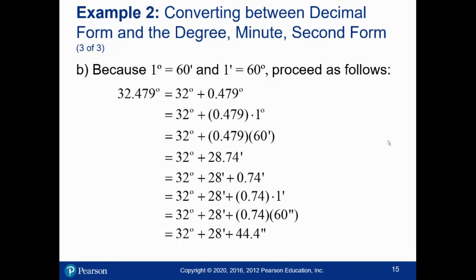Okay, I think they said to 2 decimal places, in which case you should write 44.40 seconds. Okay, so there it is in degree, minute, second notation. And in navigation, people still measure headings in this way. They say, go on a heading of so many degrees and so many minutes.